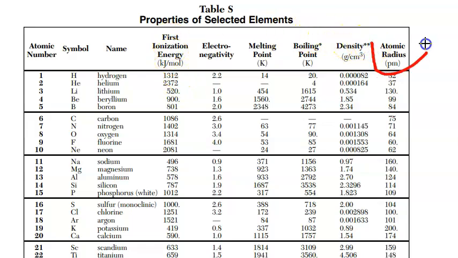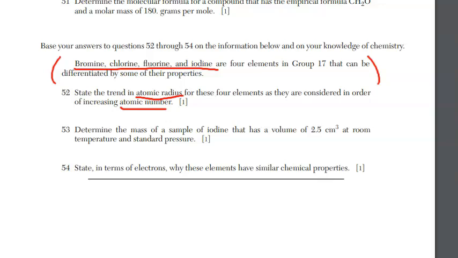In the question, though, it's asking about atomic radius, and you could go ahead and find the halogens again, the fluorine and the chlorine, and then bromine and iodine, and pull off the numbers. And then, of course, they would continue larger as you go down. I would do all 4, or at least 3 to make sure, but the trend is that the atomic radius is increasing as you go down the group. That is the answer for 52.